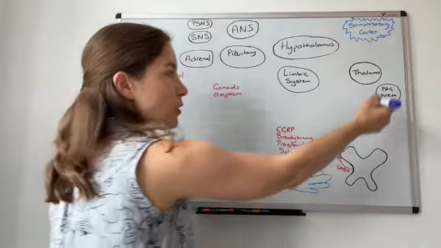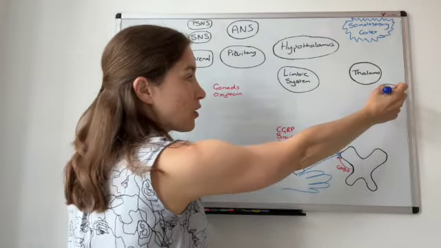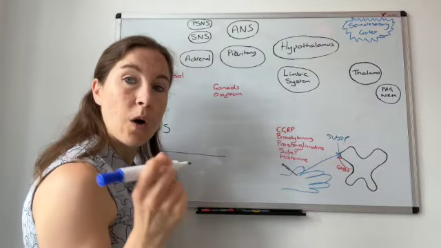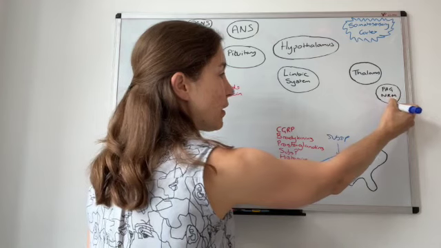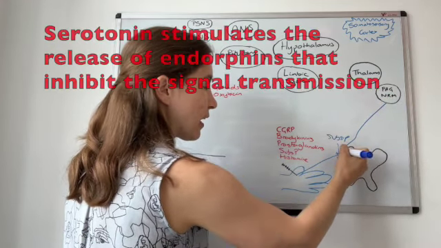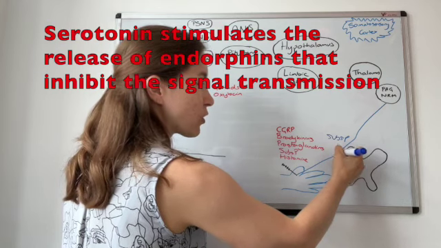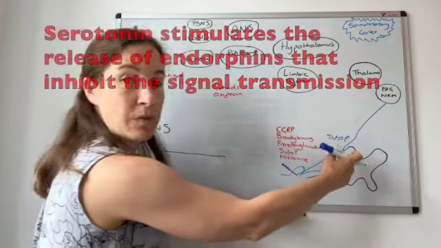The other thing it does is it will start to stimulate this response as well. So the periaqueductal grey and the nucleus raphe magnus will start to release a little bit of serotonin. And that serotonin feeds back down, again inhibiting that signal across from the peripheral nervous system to the central nervous system of the spinal cord.